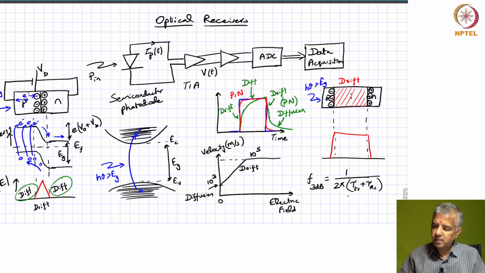So what is the transit time? Well, the transit time is the longest time taken for any of these carriers to reach the external circuit.